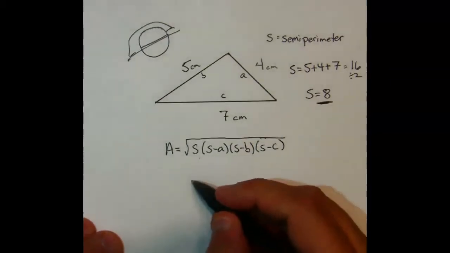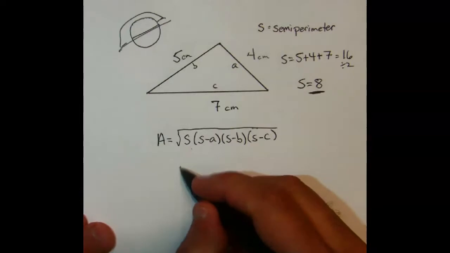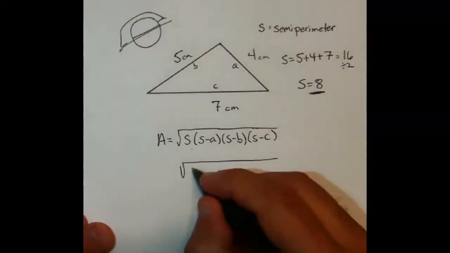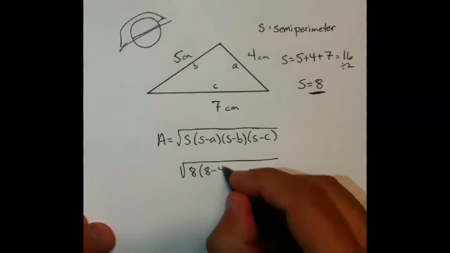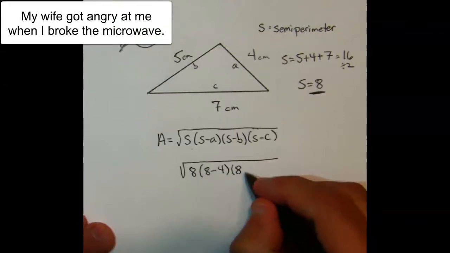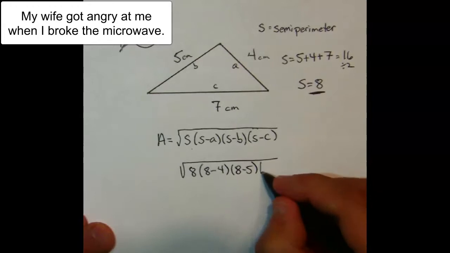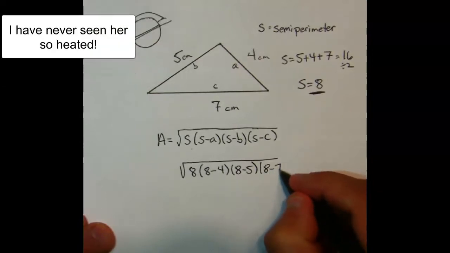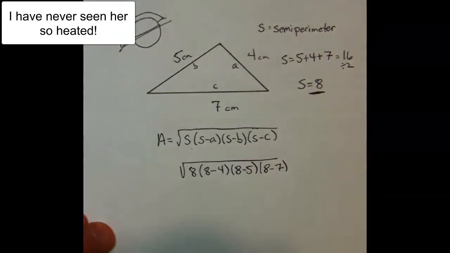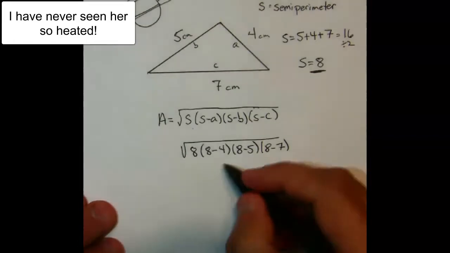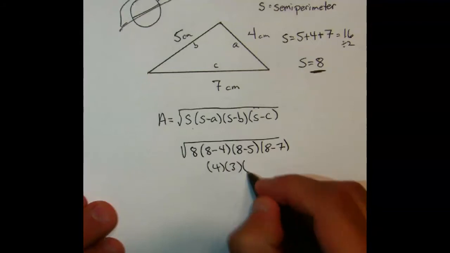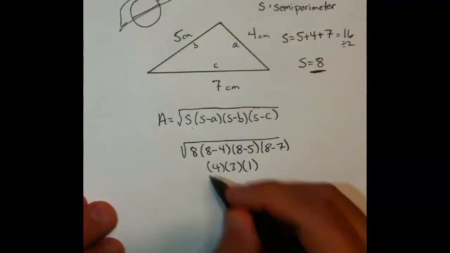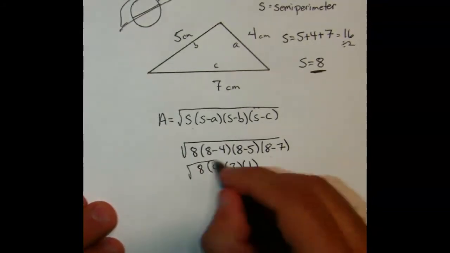Let's put it into this formula to see what happens. We have 8 times 8 minus 4 times 8 minus 5 times 8 minus 7. Let's simplify our parentheses. 8 minus 4, that's 4. 8 minus 5 is 3. 8 minus 7 is 1, times 8.